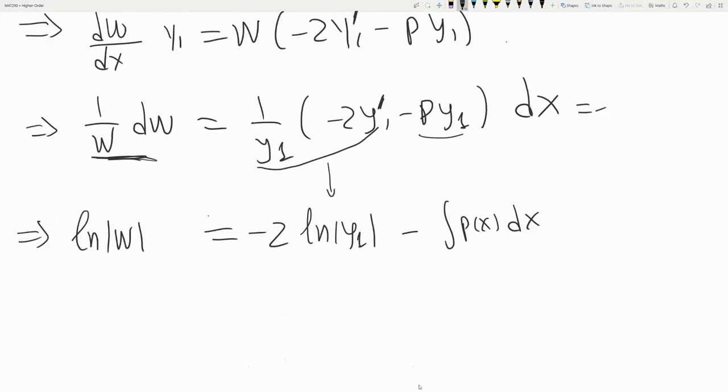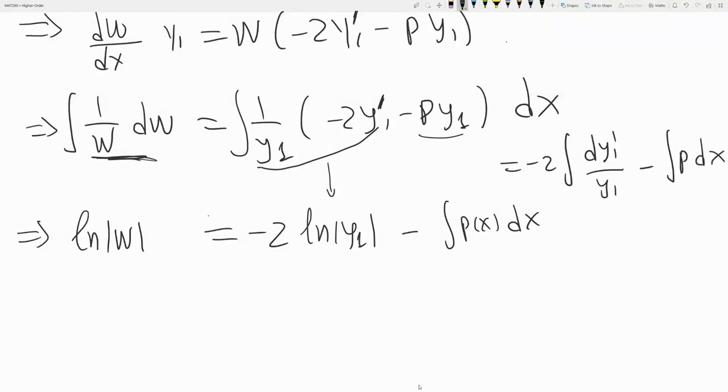So here we have minus 2, let me put the integrals, dy1 over y1 and integral of p dx.